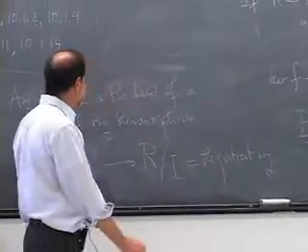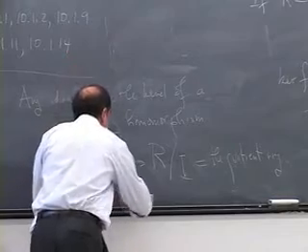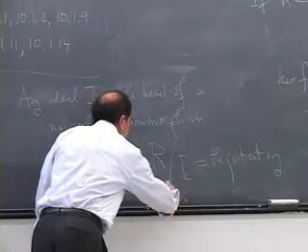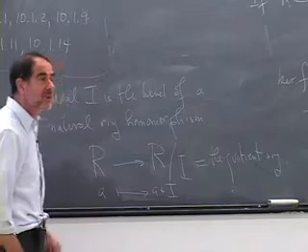Without giving you any detail, it takes an element A here to the coset of I, which I'm going to write additively like that because it's an abelian group.